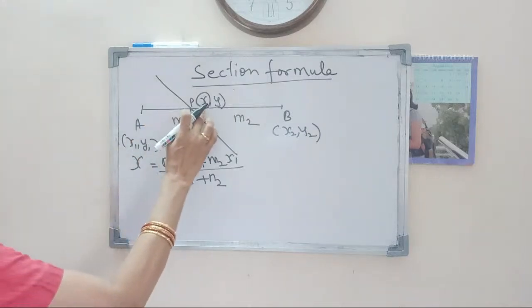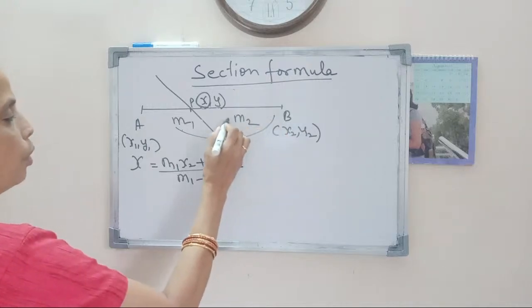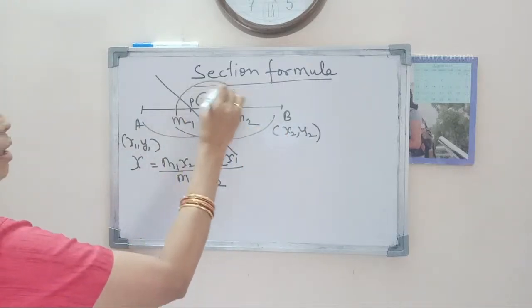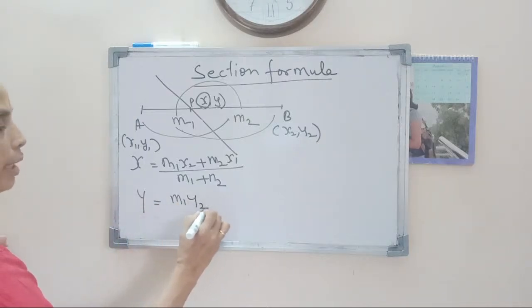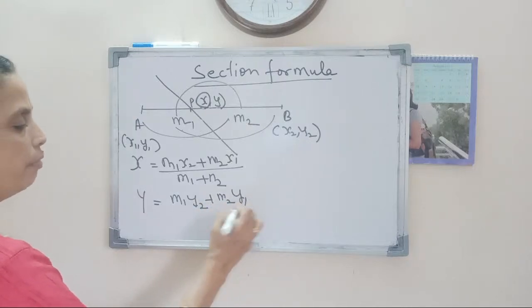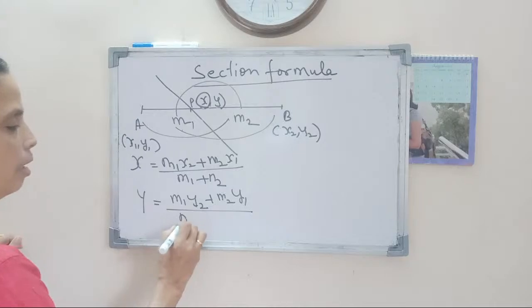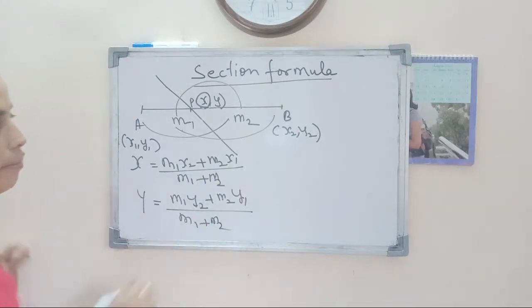That is, x equals m1 x2 plus m2 x1 by m1 plus m2, where y equals m1 y2 plus m2 y1 by m1 plus m2. This we call the section formula.